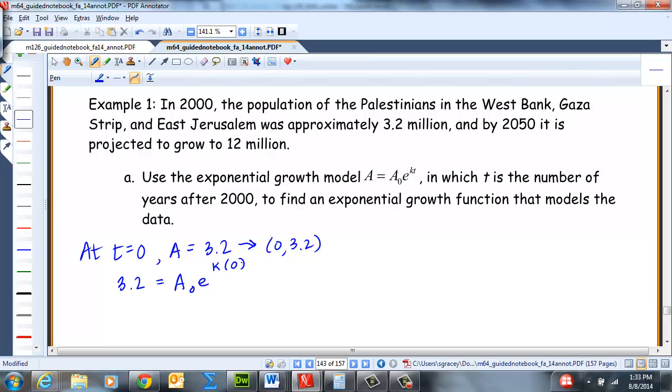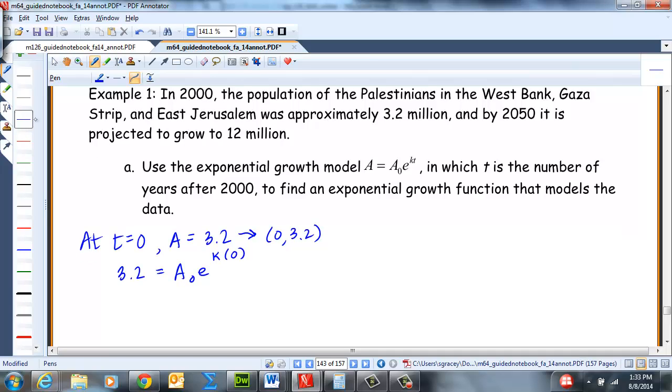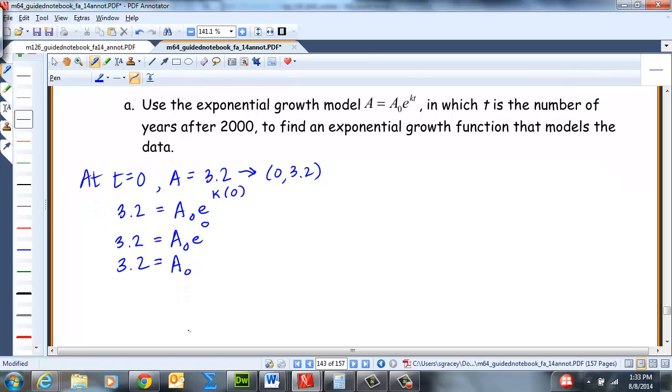So I put in 0 for time t, and I put in 3.2 for A. Well, this would give us 3.2 equals A0 times e to the 0. Well, e to the 0 is 1, so 3.2 equals A0. So this information gives us the fact that A is equal to 3.2 times e to the kt.